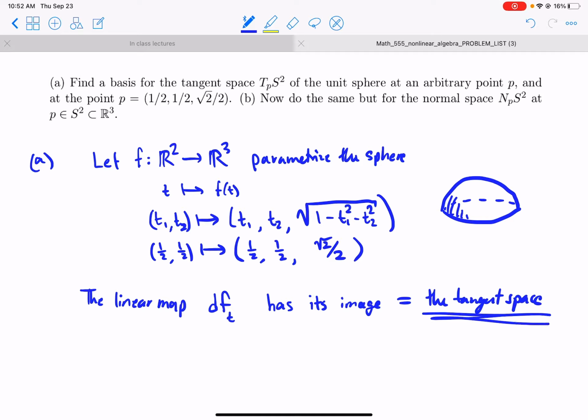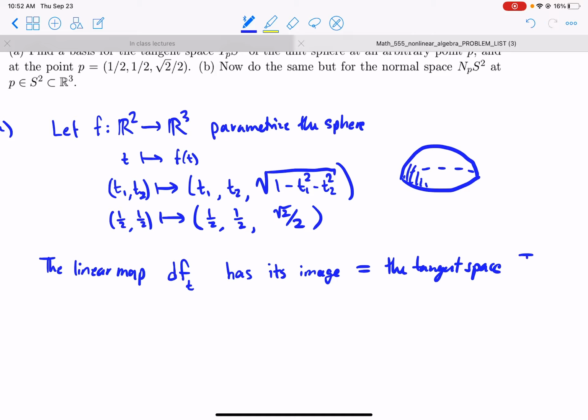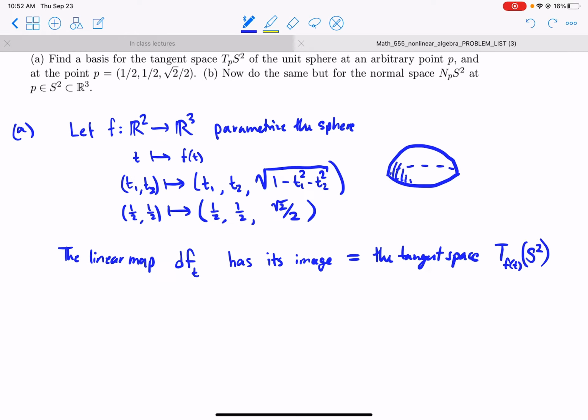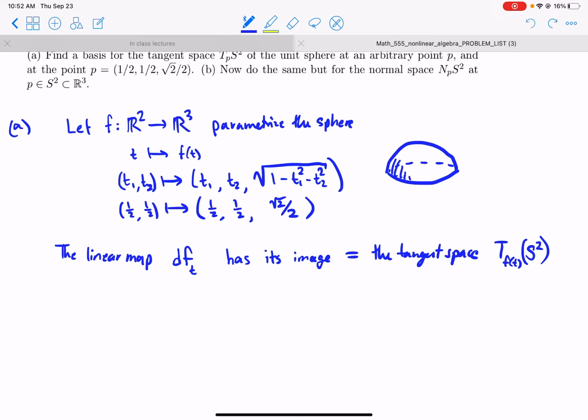The tangent space is defined to be the image of this linear map. And so the tangent space is at the point f of t, and it's the tangent space to the sphere. Okay? At the point f of t. So like that point. Or arbitrarily that point.